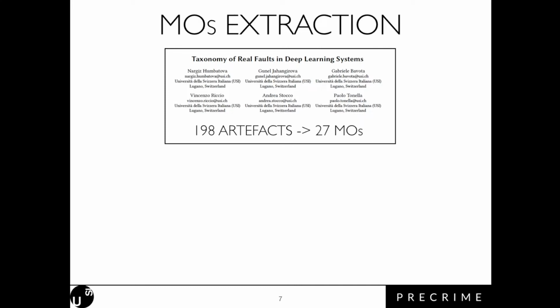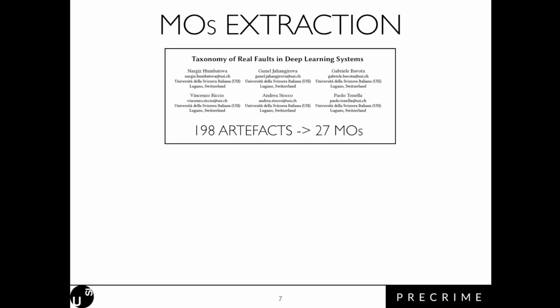In this work, we analyzed unstructured repositories of fault reports such as GitHub commits and fixes and Stack Overflow, and we also did interviews with developers. We got a high number of artifacts, and we were able to construct a comprehensive taxonomy of real faults in deep learning systems, which was later validated through a survey with developers.